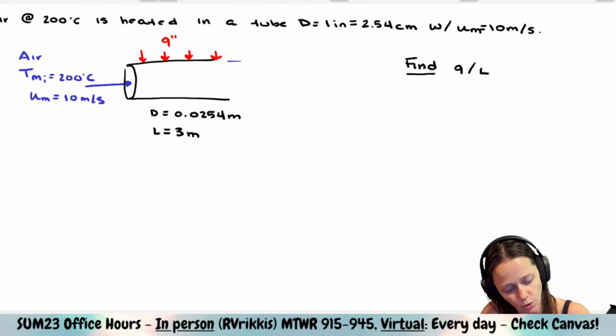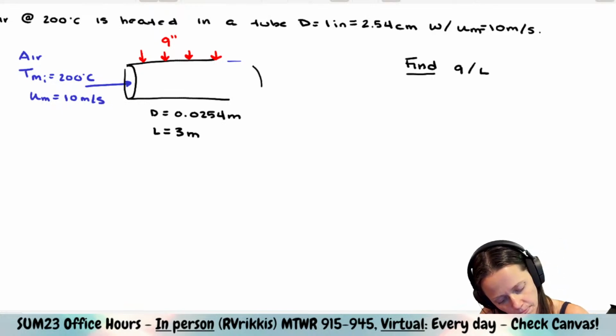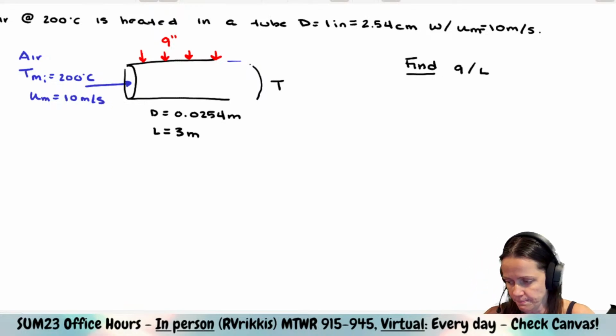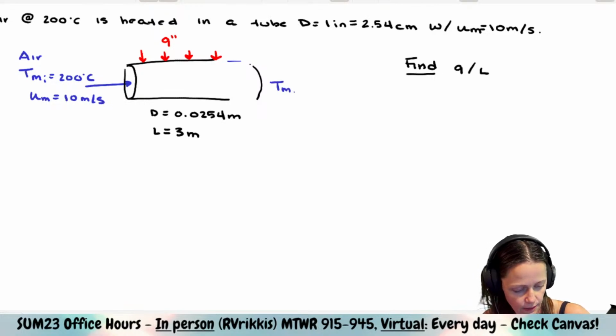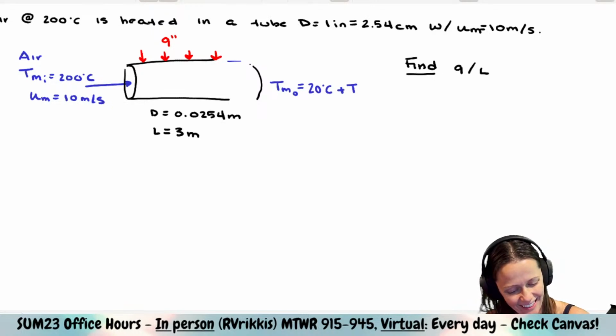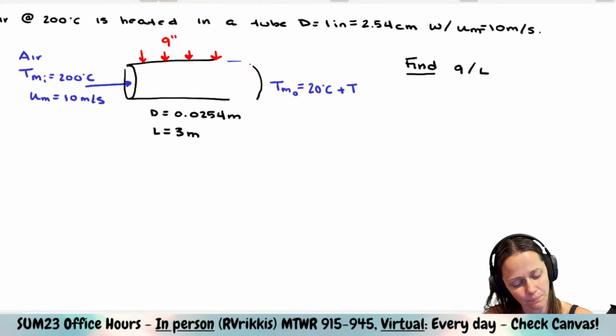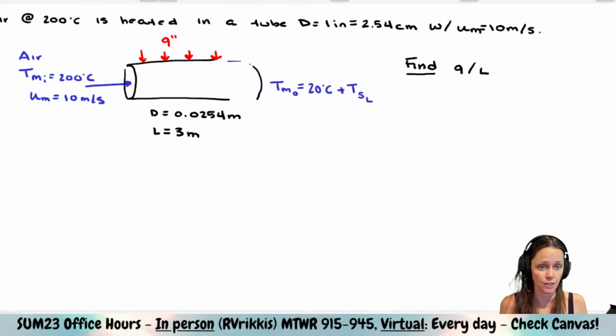Okay, so I'll say the mean outlet temperature is 20 degrees plus the surface temperature at x equals L. So it's 20 degrees all along the length of the tube.